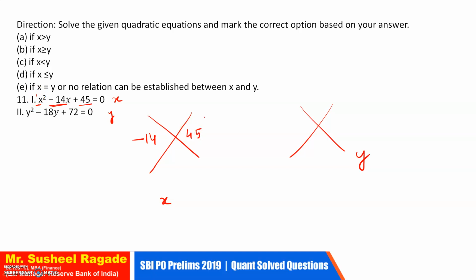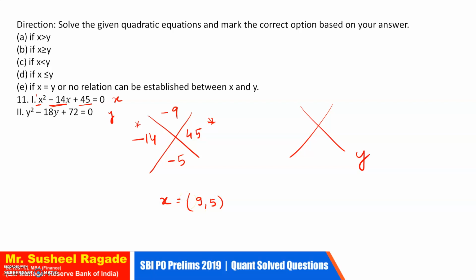We have to find two numbers whose addition is minus 14 and whose multiplication is 45. These numbers are minus 9 and minus 5. So what are the solutions of x? While writing the solution, we have to change the sign, so the answers are 9 and 5.